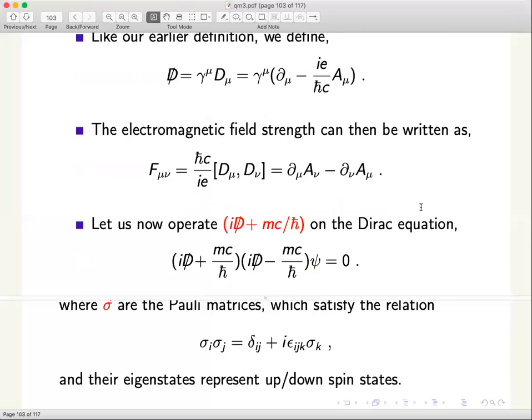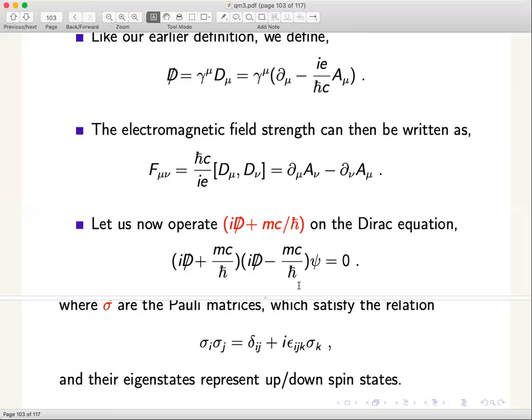Fine. So what we'll do now is go back to the Dirac equation written in a covariant form, which was (i D slash minus mc upon h bar) times psi equals 0, and multiply this equation by (i D slash plus mc by h bar) from the left.